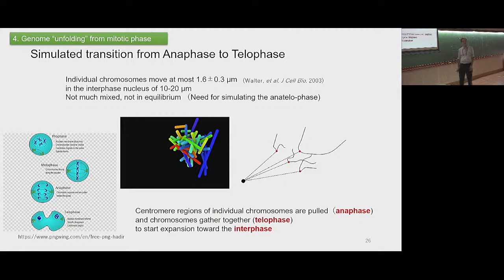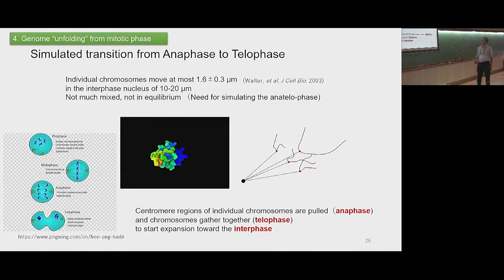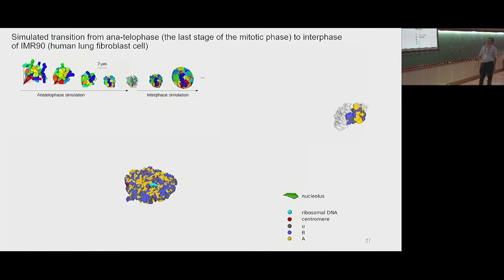So we carefully prepare the initial conditions by simulating the transition from the mitotic phase to interphase, by putting condensed chromosomes toward one direction. Then we assume that condensin disappears at this stage, and the chromosomes start to expand, coarse-graining these condensed chromatin chains into 100 kilobase resolution.